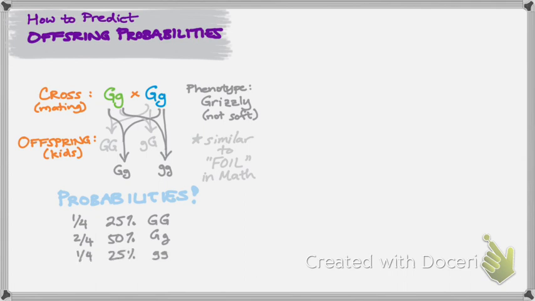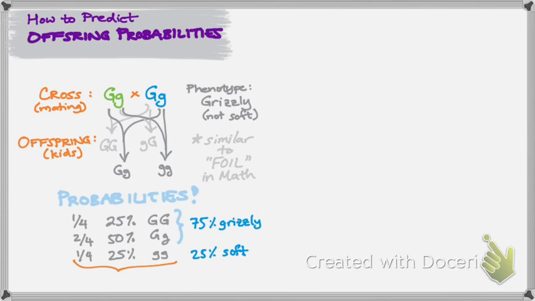And if we want to look at the phenotype probabilities, well, 3 out of the 4 are expected to be grizzly. And I don't mean 3 out of 4 children, I mean a probability here. So 75%, the likelihood is 75% each kid will end up with the grizzly phenotype.